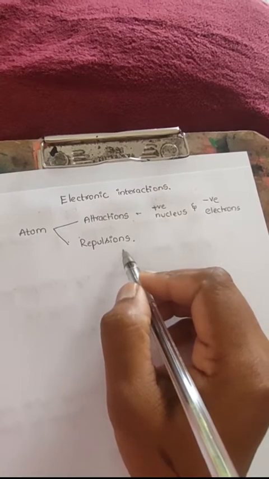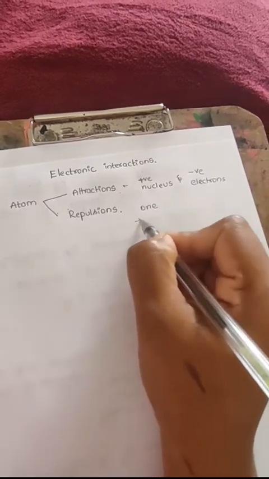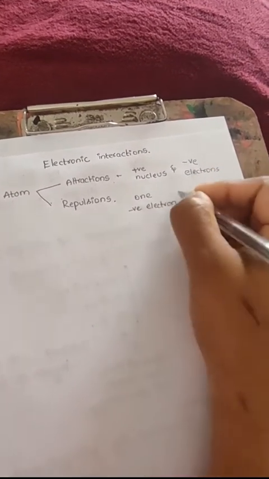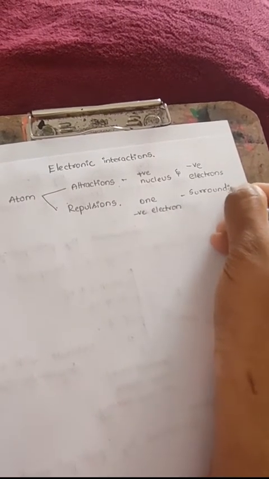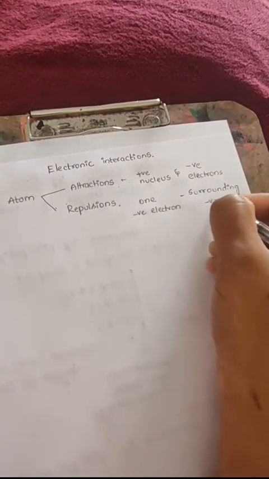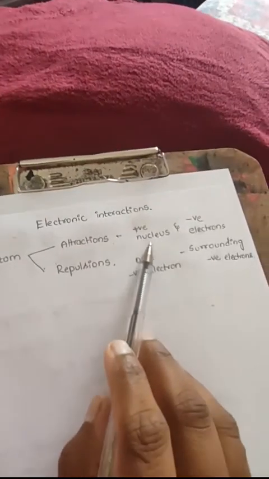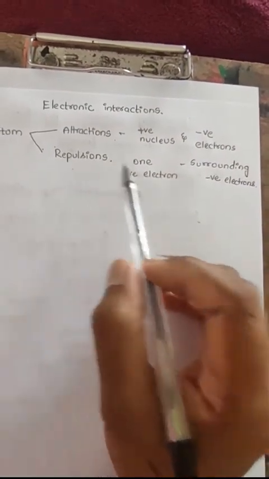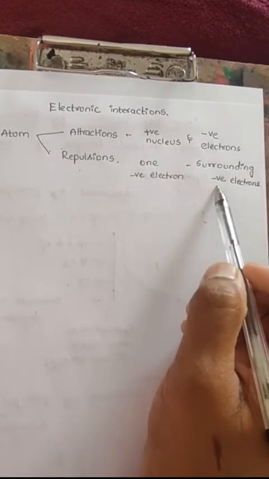Repulsions are the forces of repulsion between one negatively charged electron and its surrounding negatively charged electrons.